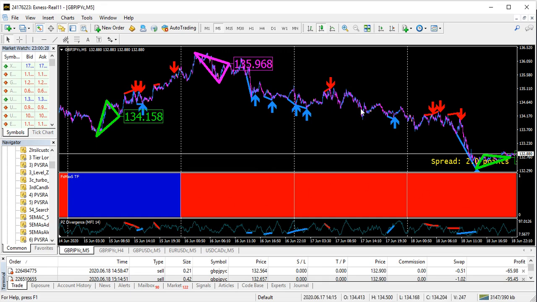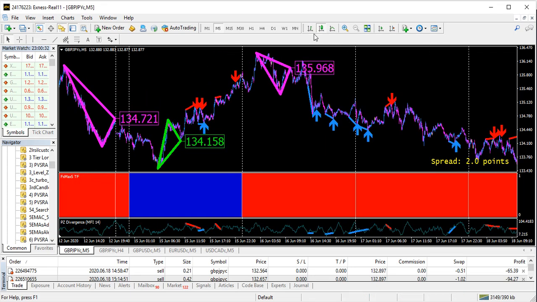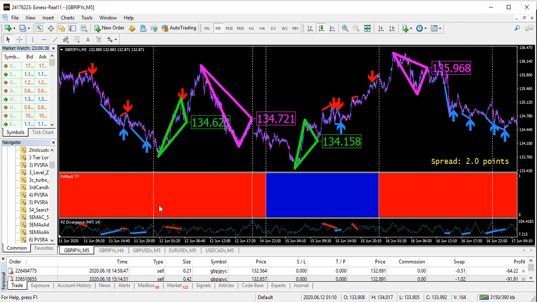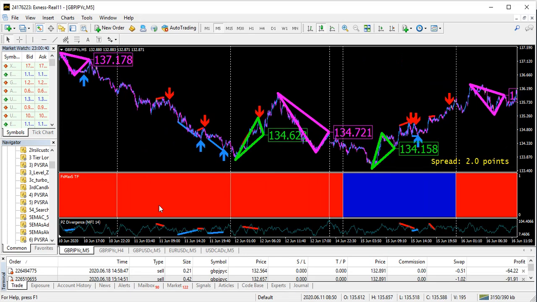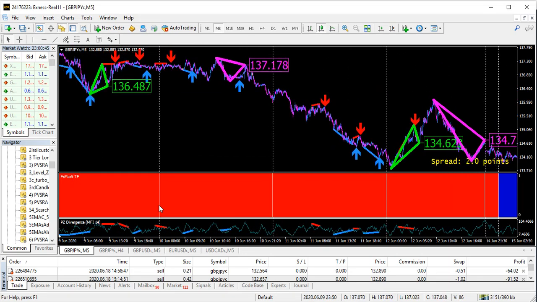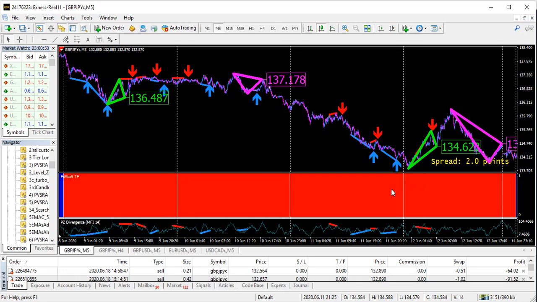Okay. Then when it's red is sell, when it's blue is buy, just like I explained in the last video. When it's red, it's sell. So these are sell trends. These are all sell trends.